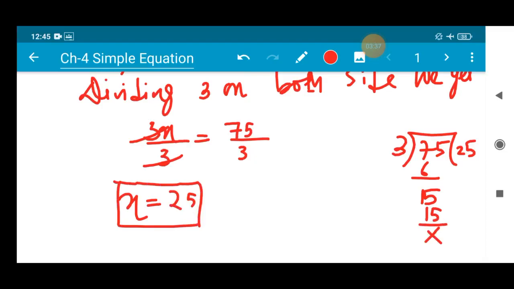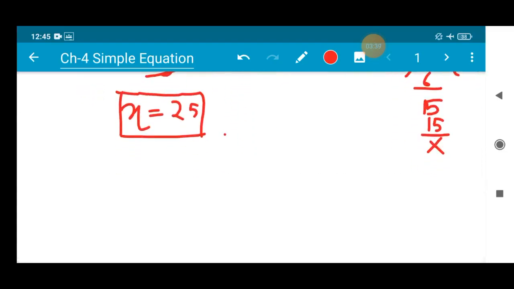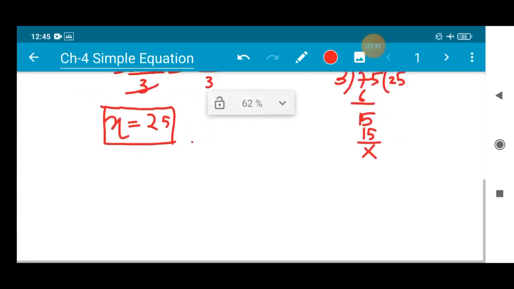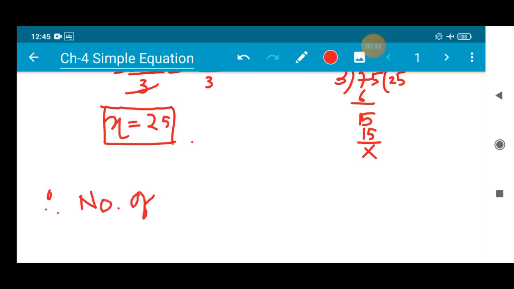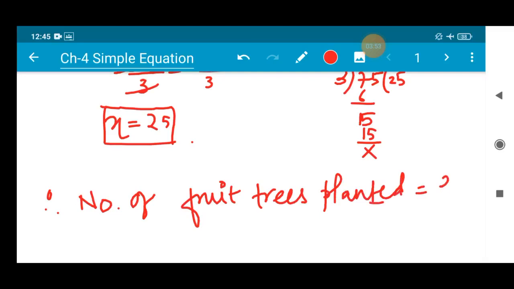So what is the number of fruit trees compared to the non-fruit trees, which was 77? Therefore the number of fruit trees planted is equal to 25. Okay, very easy, isn't it? Very simple thing.